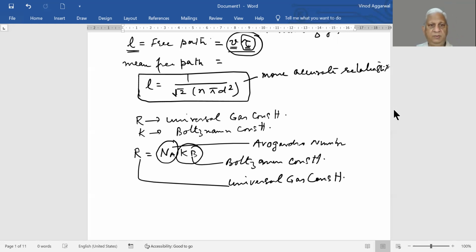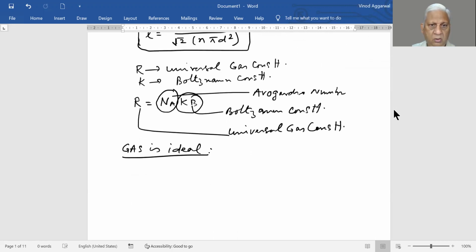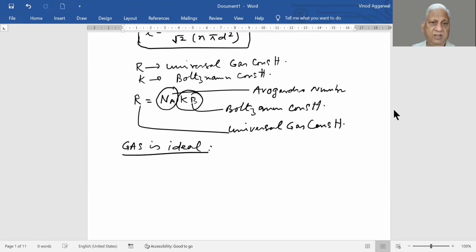Now, all these relationships we have seen, assuming that our gas is ideal. But is there any non-ideality in the gases? Yes, there is. All gases don't behave perfectly as ideal gas.